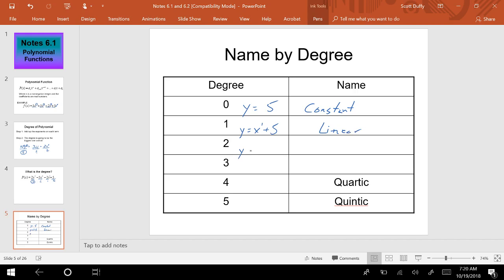If the degree is 2, it's something like y equals x squared plus x plus 5. That would be quadratic. If the degree is 3, it would be something like y equals x to the third power, and that would be cubic. If you have a fourth power as your highest term, like x to the fourth, quartic, and fifth power, x to the fifth, quintic.